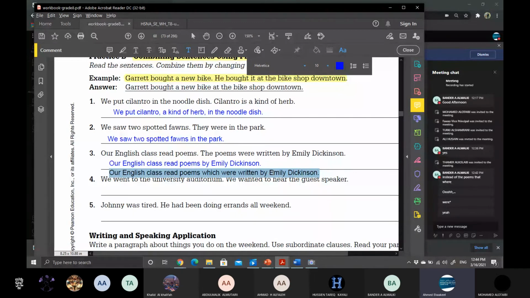So our class read poems which were written by Emily Dickinson. This one is simple, compound, complex, or compound-complex? What do you think, Khalid?